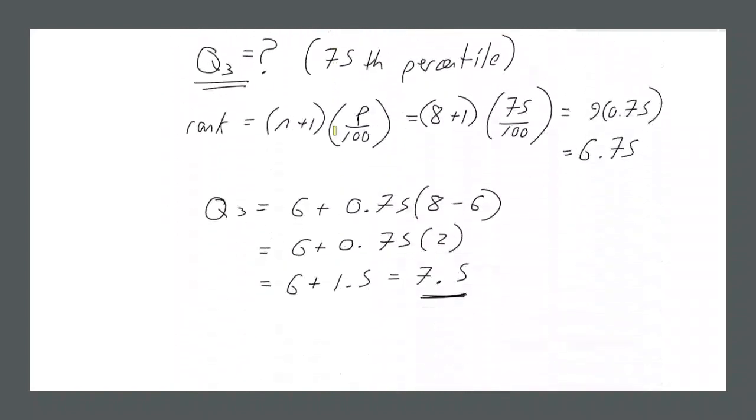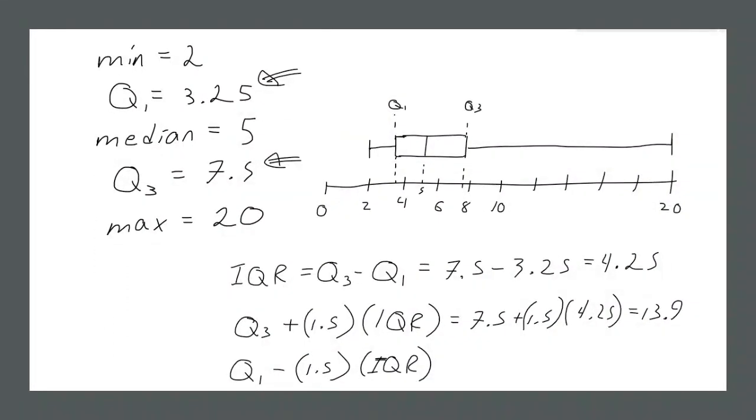So we're going to go back to this box plot. We're going to erase that whisker because now the whisker only extends to an 8 right here. And the 20 gets a dot to represent that it is an outlier.